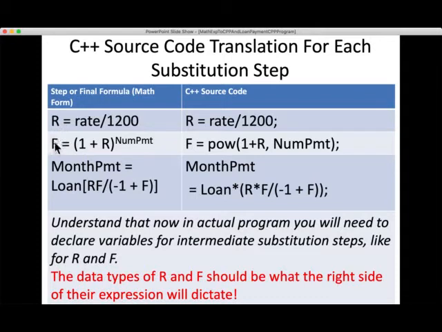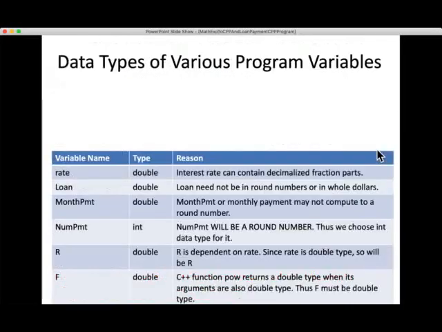So, however, in the program we're going to declare variables R and F in addition to month PMT, rate, num PMT, etc. So now we need to make a data type decision for all of them. Okay, so let's look at the data type decision, which is very crucial. So rate is double because the interest rate can contain decimal parts.